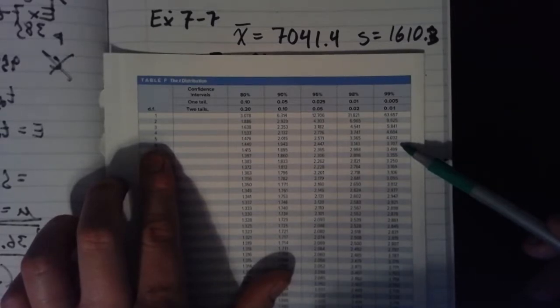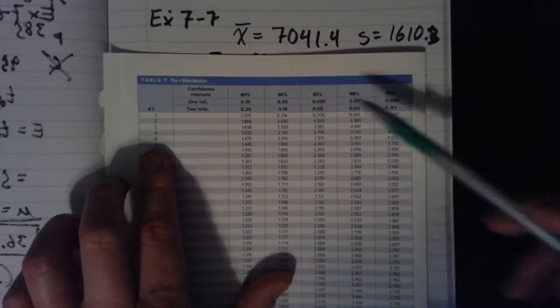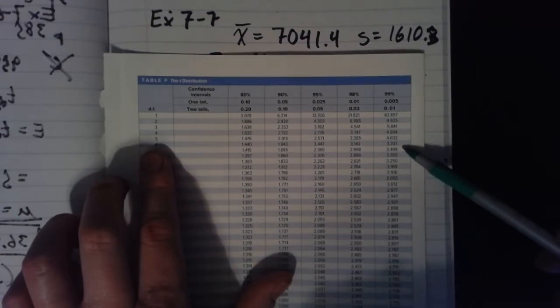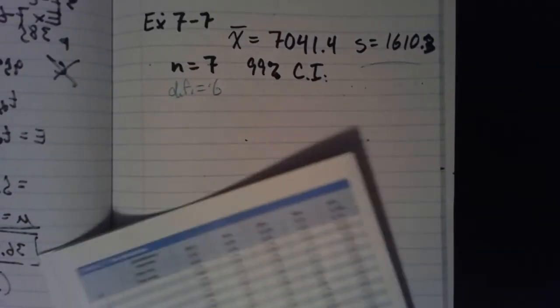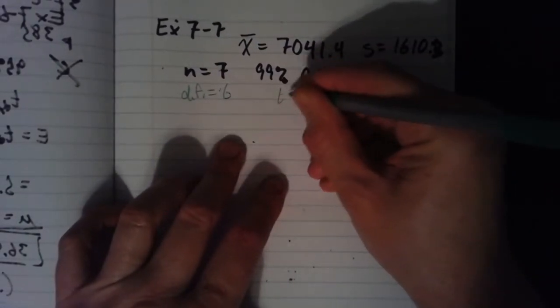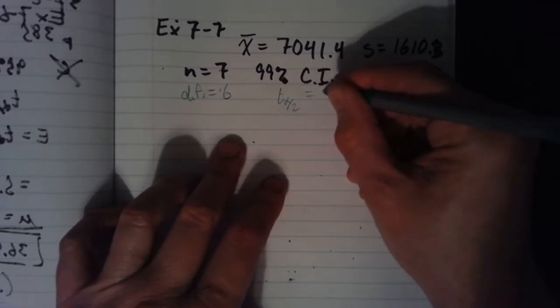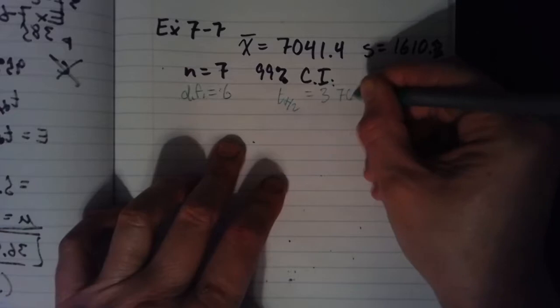Okay, so here it is in the row 6, very last column for the 99% confidence interval. And so that is 3.707. So our critical t subscript alpha over 2 is 3.707.